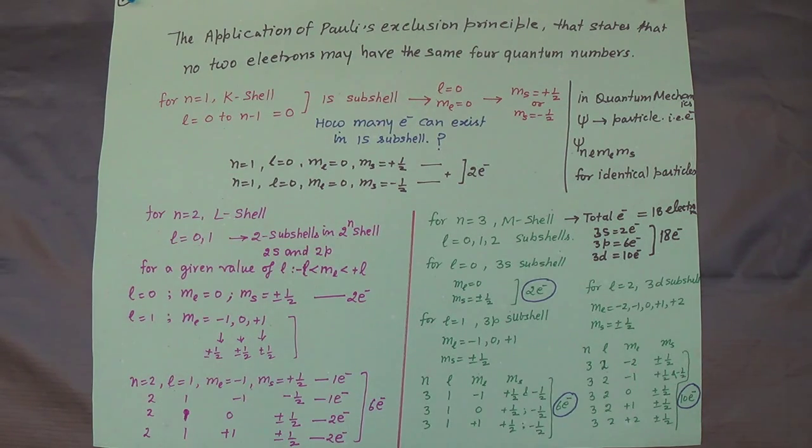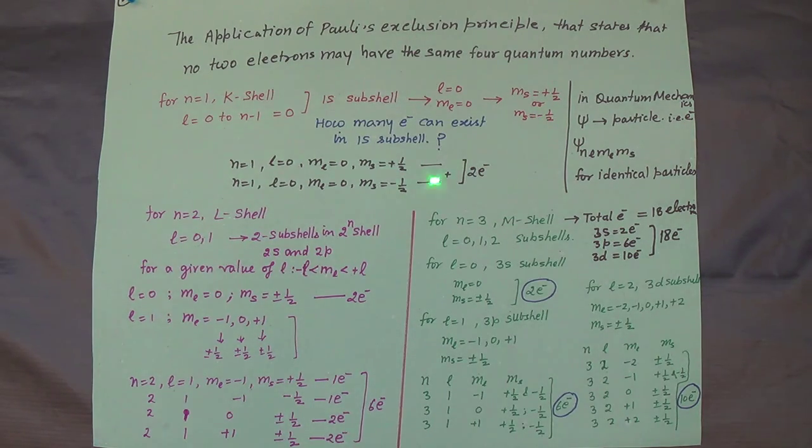Here l is equal to 0, so ml has only one value, that is 0. And now the fourth quantum number, the spin quantum number. In this s orbital, we know two electrons can exist. One electron will be with spin up, and the second electron will be spin down.